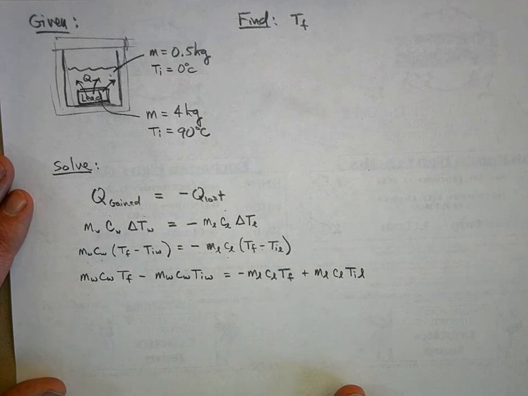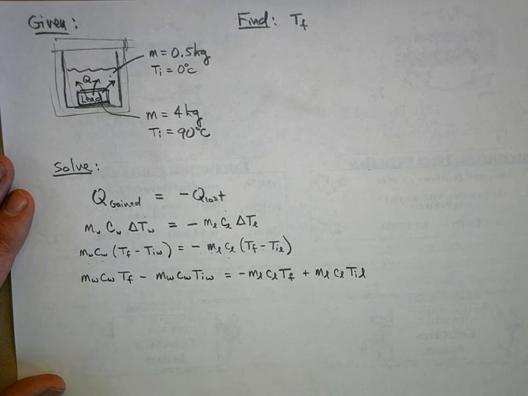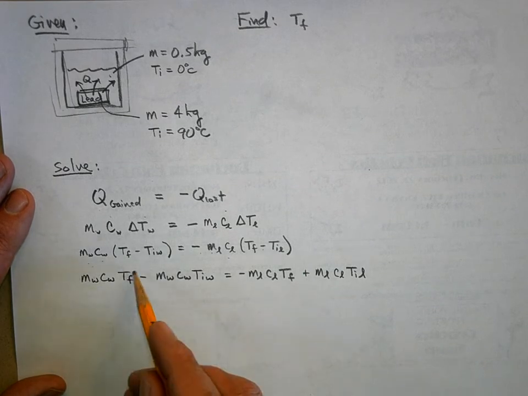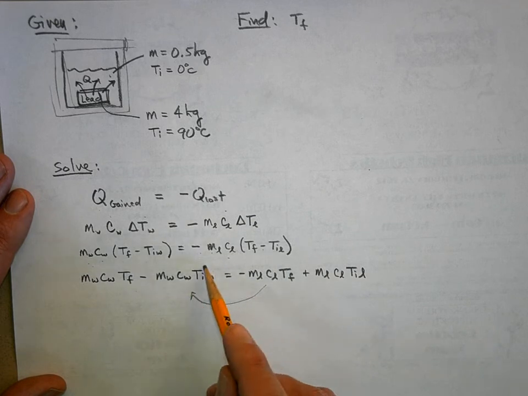Okay, now I want to solve this ugly mess for T final. I've already got T final on this side, and I got T final over here. I'm going to move this over to this side.